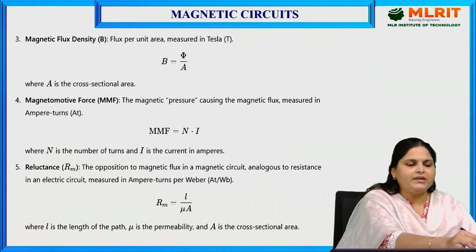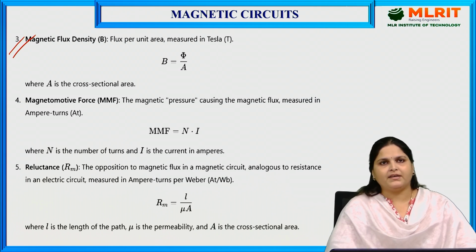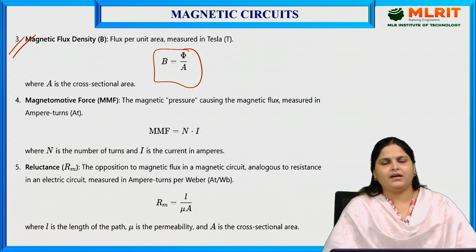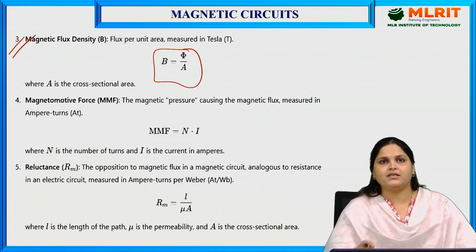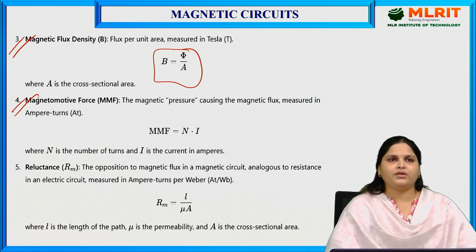Next component is magnetic flux density. Flux per unit area is called magnetic flux density. B is equal to phi by A, and it is measured in Tesla, where A is the cross-sectional area through which flux is passing. The fourth important component is magnetomotive force.